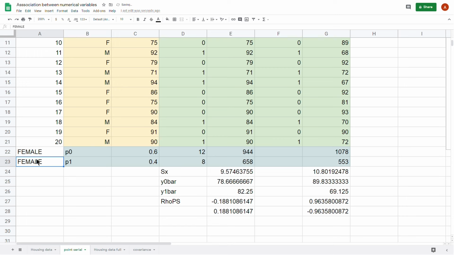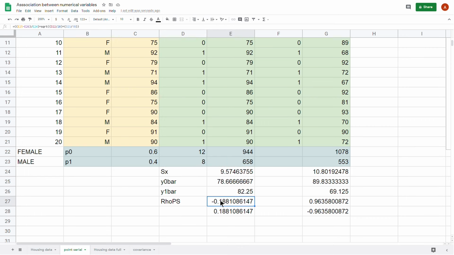This would be a male. Okay, 8 out of 12. The standard deviation remains the same because I have not changed anything. My y naught bar now is going to be E22 by D22, y1 bar is going to be 658 by 8.